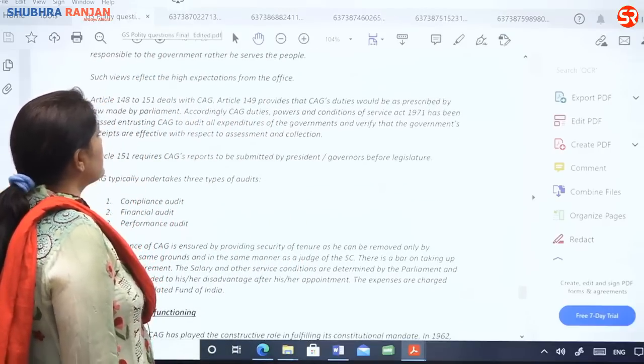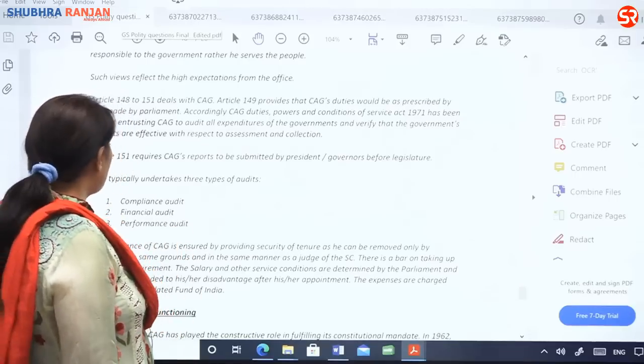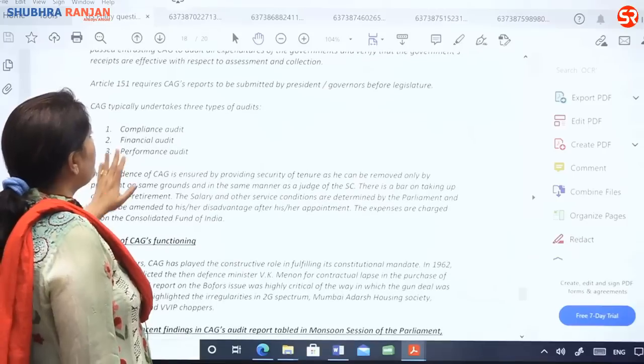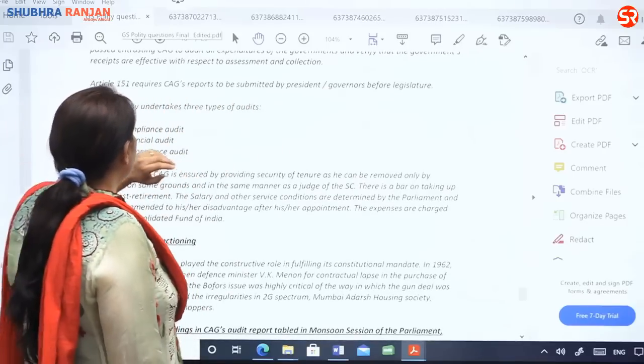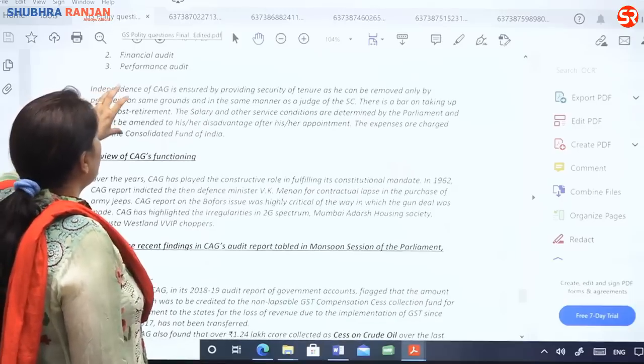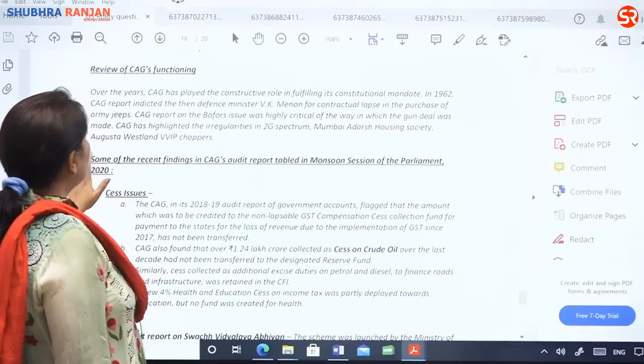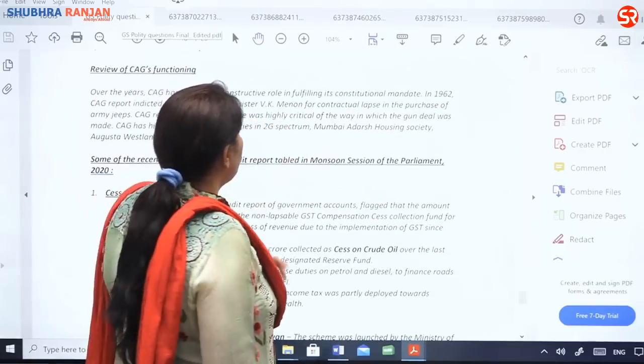These are Articles 148 to 151. Either you know them correctly, otherwise don't mention them. Article 151 requires CAG reports to be submitted. CAG typically undertakes 3 types of audit. Independence of CAG is ensured by its system of removal. Over the years, CAG has played a constructive role.